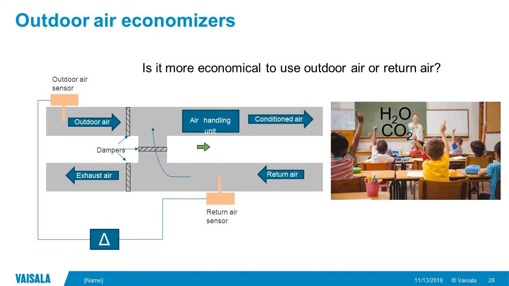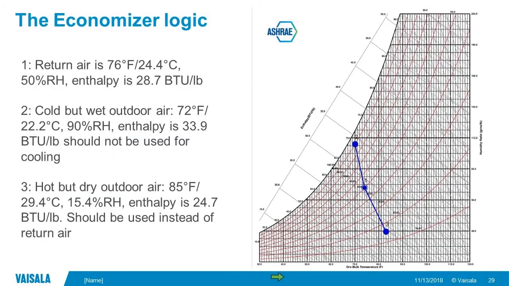Well, the enthalpy control in this case then means you're measuring the enthalpy of the return air and comparing that to the outdoor air. And we have the scary looking graph coming up now. Be warned. So here are then a couple of actual conditions.